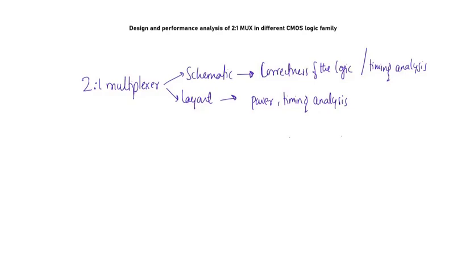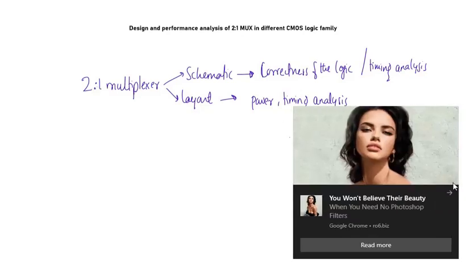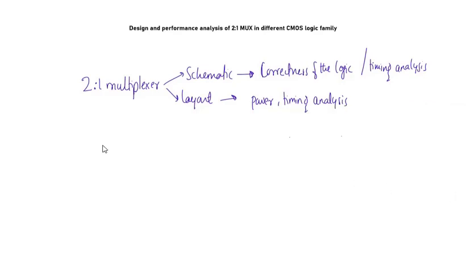But before I proceed further with respect to the 2:1 multiplexer and its various other circuits that are available, we should be very particular in understanding how the design process goes. Now the design process goes something like this. We can always ensure the design goes in terms of multiple logic.